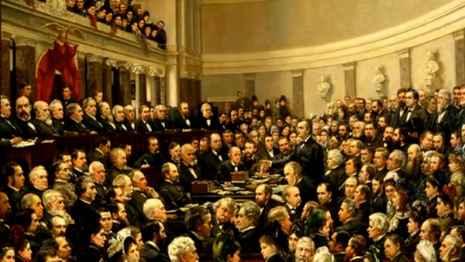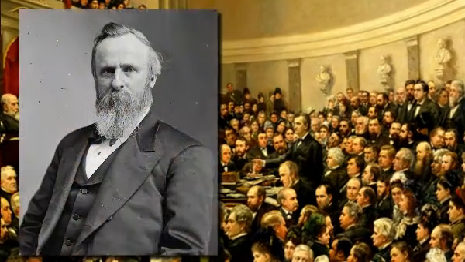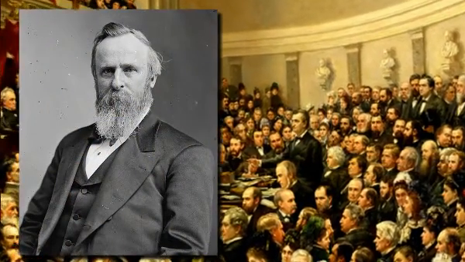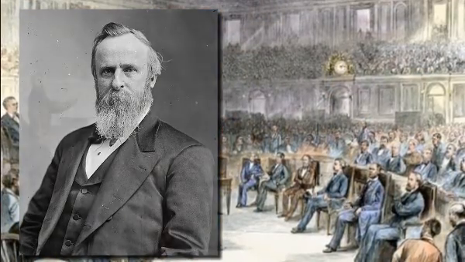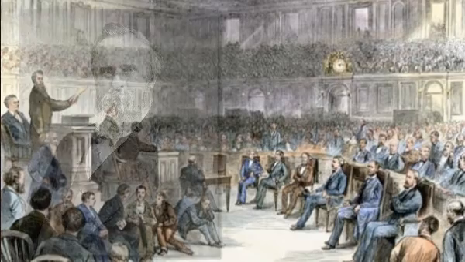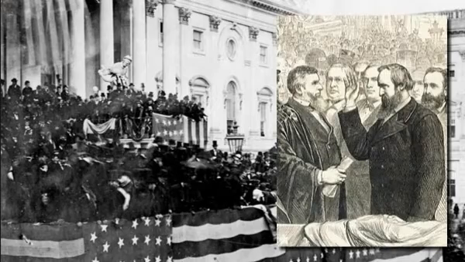It was composed of 5 members each from the House, the Senate, and the Supreme Court. The commission determined that Hayes had won. While Democrats in the House threatened to block the decision, Congress finished counting the votes on March 3, 1877. On March 5th, Rutherford B. Hayes was sworn in on schedule.